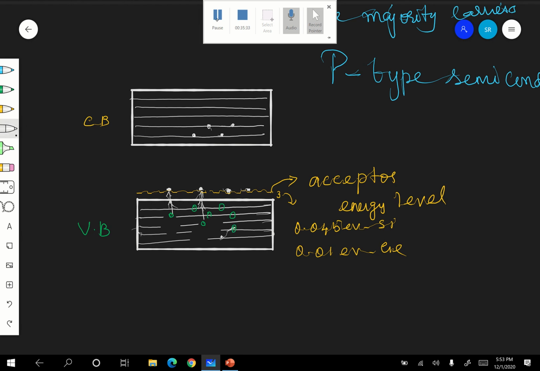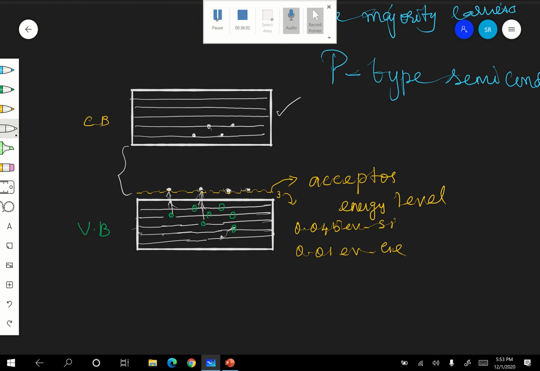So the electrons will readily jump into the acceptor energy level, thereby forming an extra number of holes in the valence band. Why should they go to the conduction band? The conduction band is far off, with this much energy gap, and at room temperature it is not possible for all the electrons to jump.